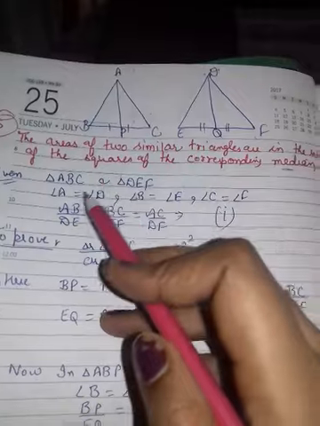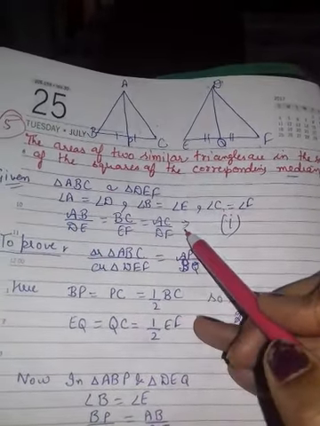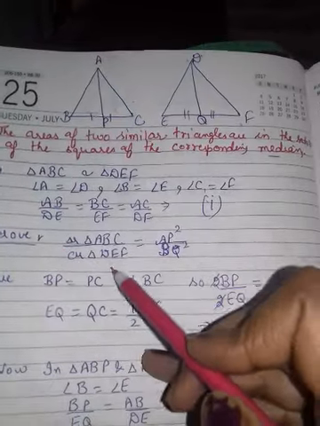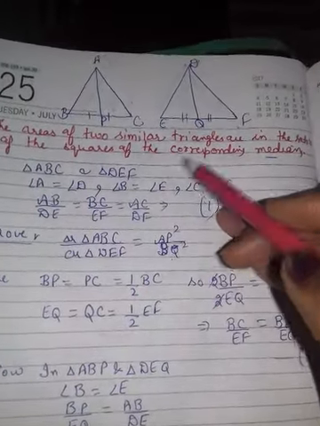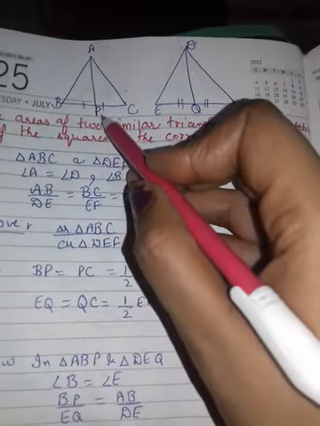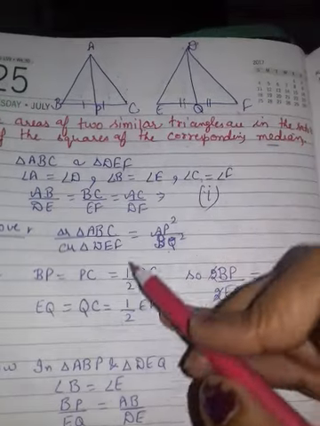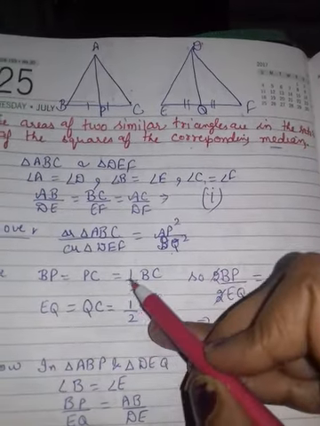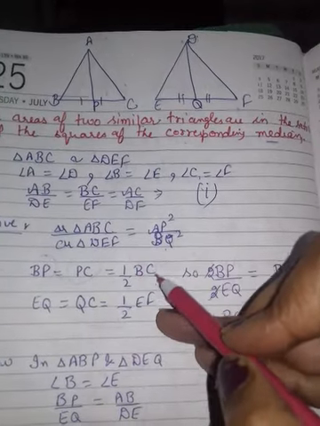Triangles are similar, corresponding angles are equal and sides will be proportional. You have to prove the ratio of medians AP square upon DQ square. But BP is equal to PC, EQ is equal to QF. Why? Because these are the medians. So we can write BP and PC as half of BC.